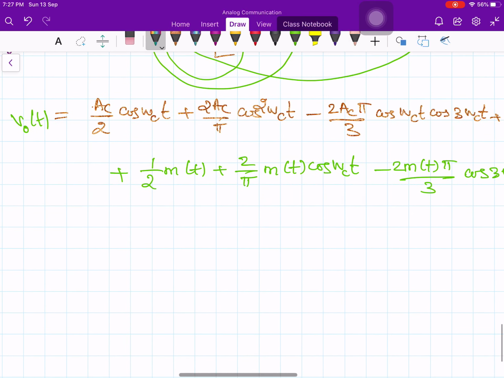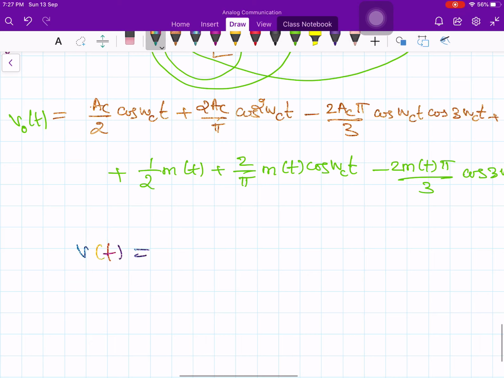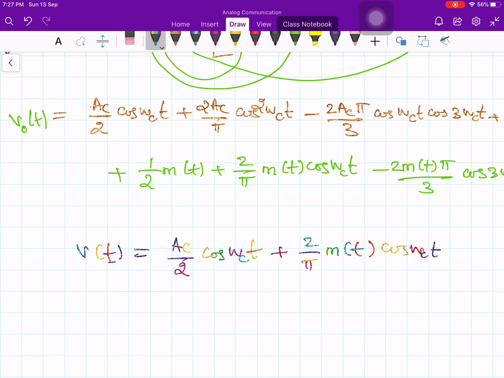Therefore, the output of the band pass filter V naught of t is equal to AC by 2 cos omega ct plus 2 by pi m of t cos omega ct. Remaining all other components are rejected.